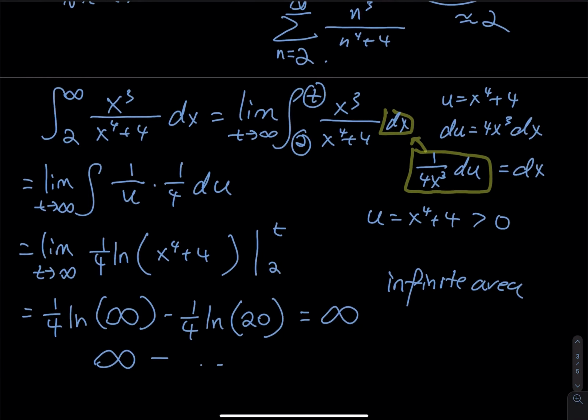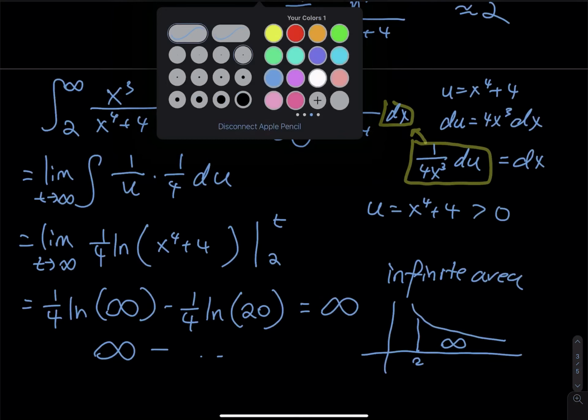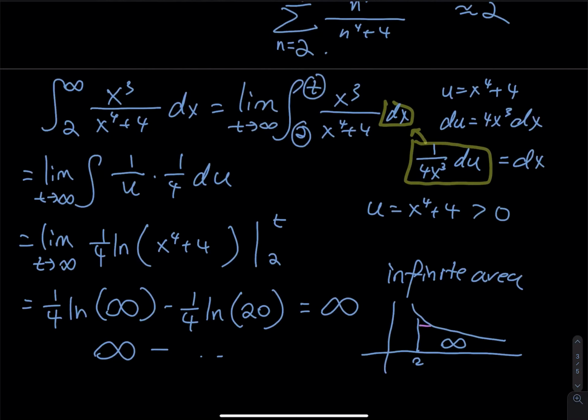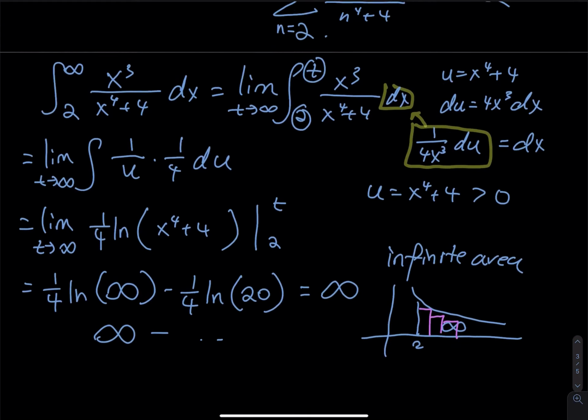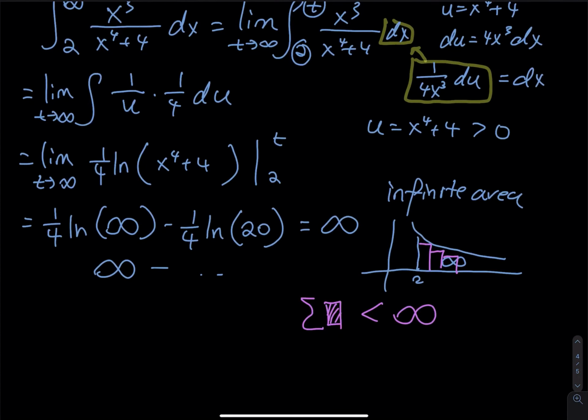So just like that, we have a curve. The area from 2 to infinity is infinity. And then what about the series? The series is right here. You have those rectangles right here, right? Since the entire area is infinity, and the sum of these little rectangles is slightly less than the infinity, that means this must be something less than infinity.